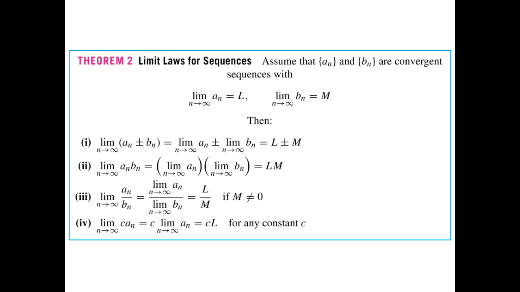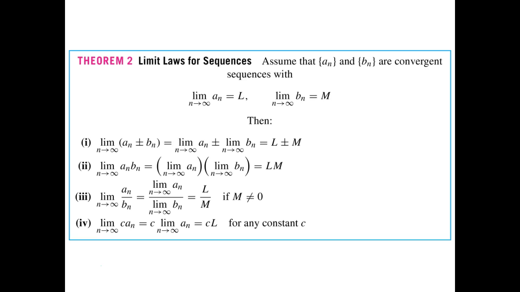If that limit was 0, then you can't do that. But if it's not 0, that works. It is conceivable that could be a negative number, so all the signs still follow.